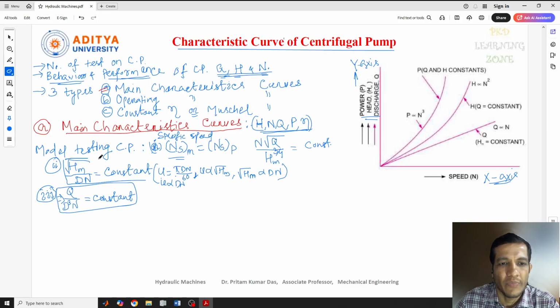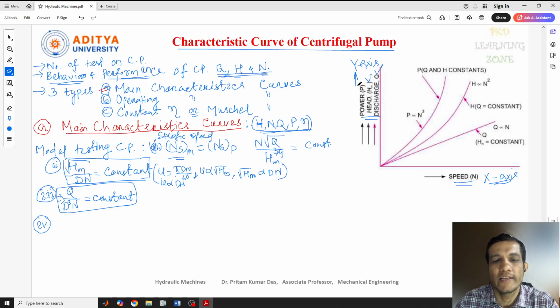So our basic idea here is to understand the main characteristic curves for the centrifugal pump. This is the discharge equation I got. In these equations speed, discharge and head are there. I got the equation for the head and for the discharge.